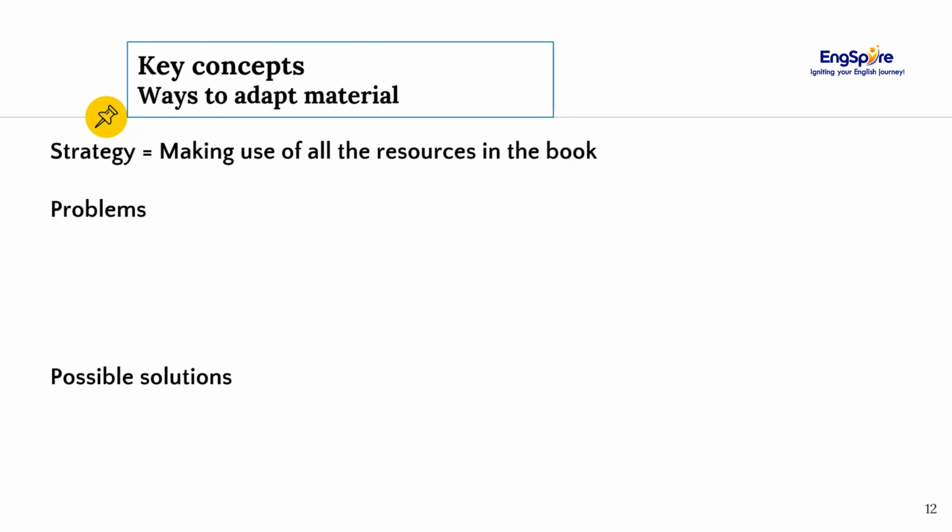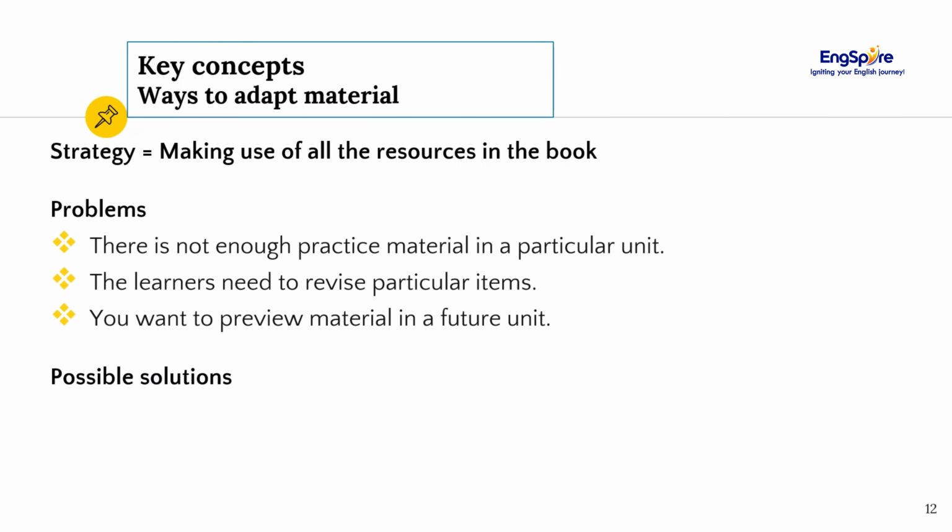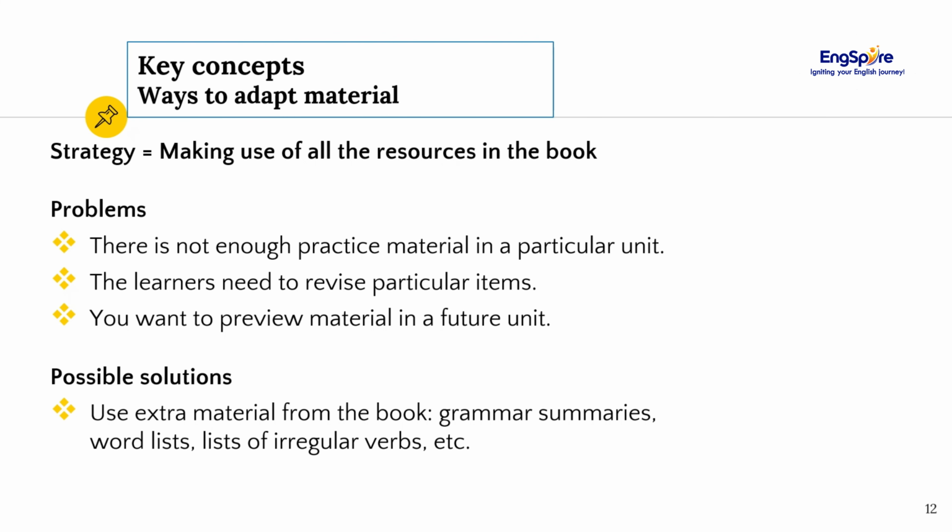The sixth strategy is making use of all the resources available in the book. Sometimes a unit does not provide enough practice or students need revision. In this case, teachers can use extra resources that are already included. For example, many coursebooks contain a grammar summary, vocabulary list, pronunciation sections, irregular verb table, and review activities.